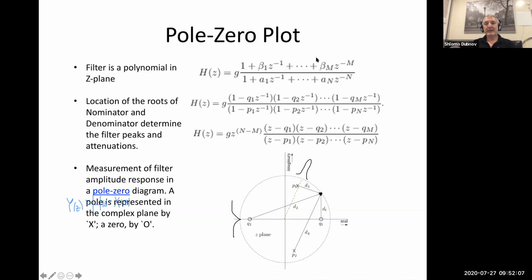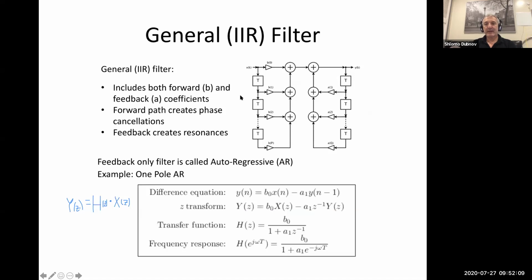As a concept, I would like you to see from this expression that you can describe any general, so-called infinite impulse response. I don't know if I ever mentioned what IIR stands for. If you input an impulse, this is a way to see what the coefficients are without knowing what the filter is.